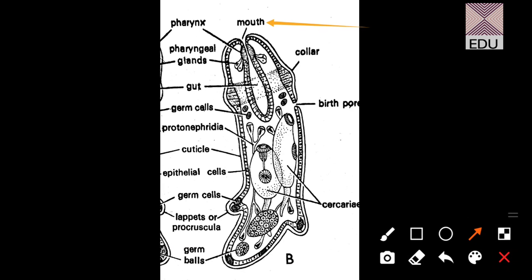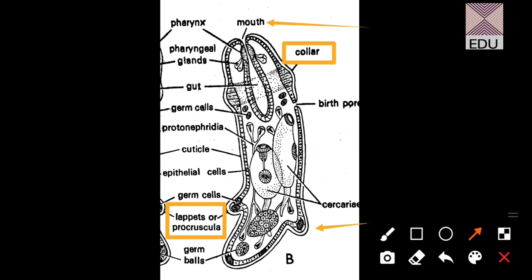A very peculiar feature of this larva is the presence of the collar. This is a hard structure present near the mouth, and it is called the collar. The second very important thing in this larva is the lappets. Here you can see two lappets, on the left and right side of the radia larva. So this is a single lappet.